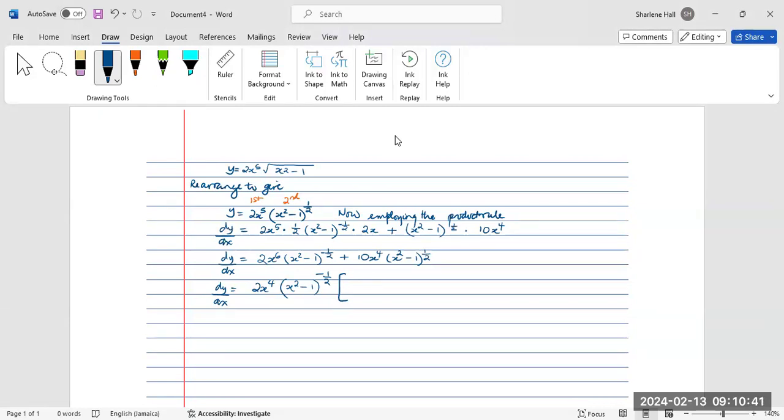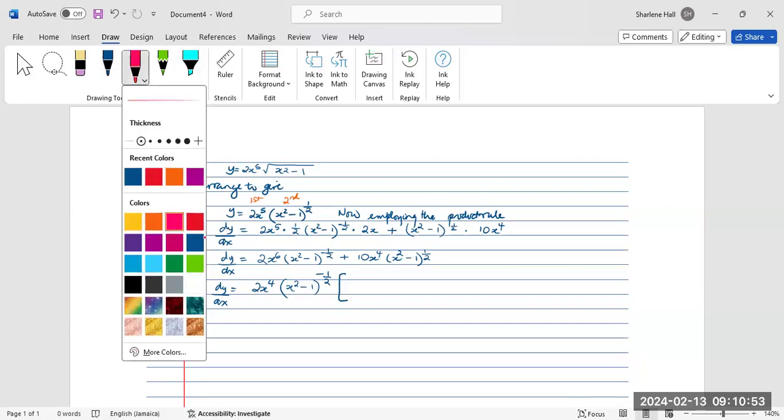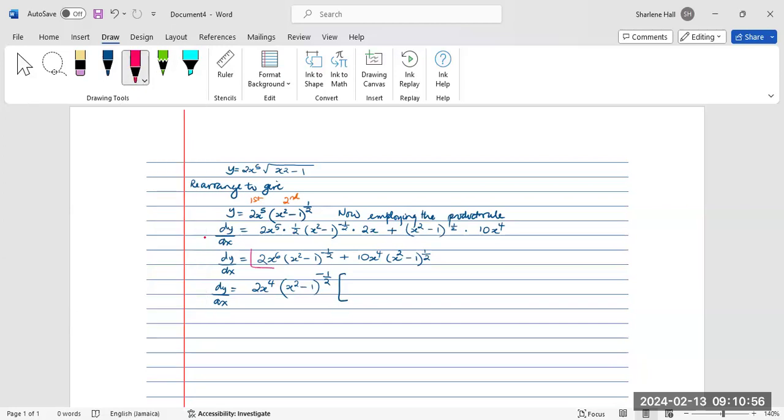Remember now, I have two terms. I have one term here, and I have another term here. I'm asking you the question, what is going to be left?